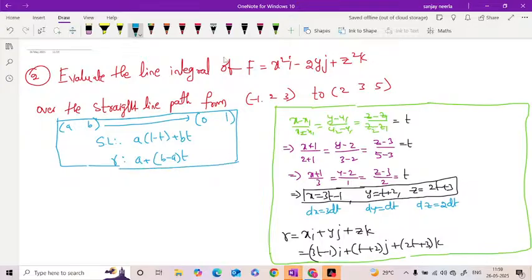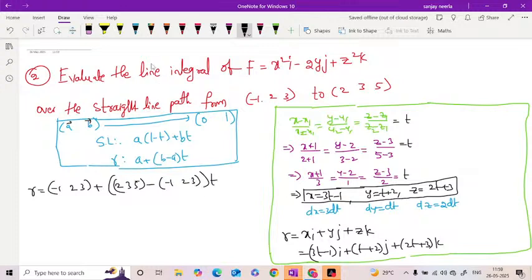Now we will see. Here I am using the formula r is equal to the first vector plus the second vector minus the first vector, into t. What is the first vector? Minus 1 comma 2 comma 3, plus the second point 2 comma 3 comma 5 minus 1 comma 2 comma 3, into t.